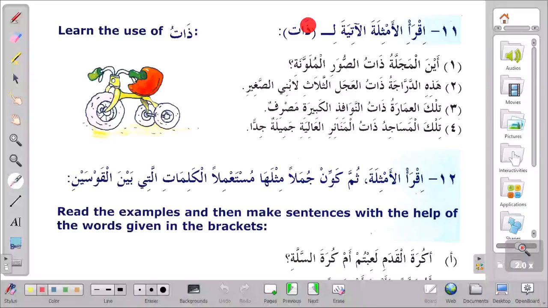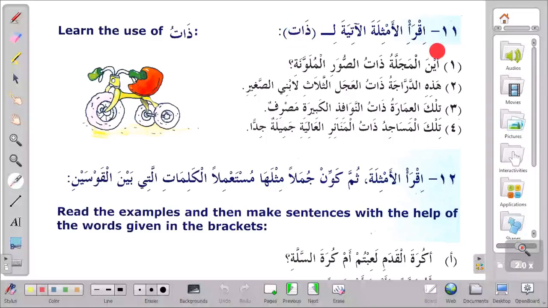But the first one, Zumalin, is referring to someone masculine, and the second one, Zatu, gives an indication that the person is feminine. So Zatu is only used for feminine.